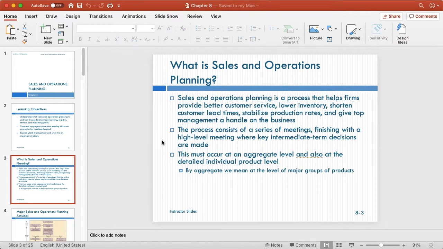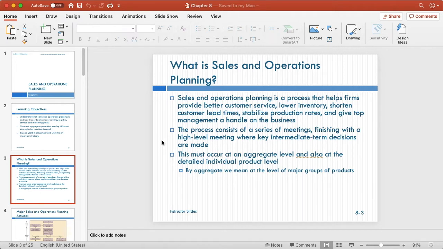Sales and operations planning can occur at two different levels: an aggregate level, or a detailed individual product level. What is the key difference? It's very straightforward. Aggregate sales and operations planning corresponds to a group of products, but the detailed individual product level is for one specific type of product.